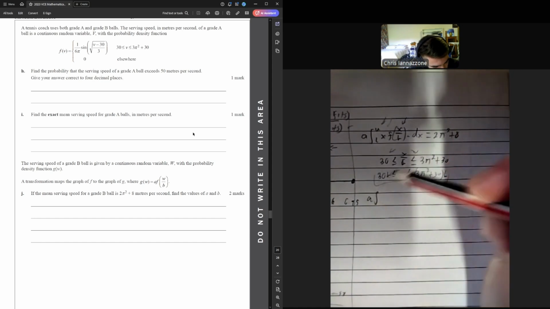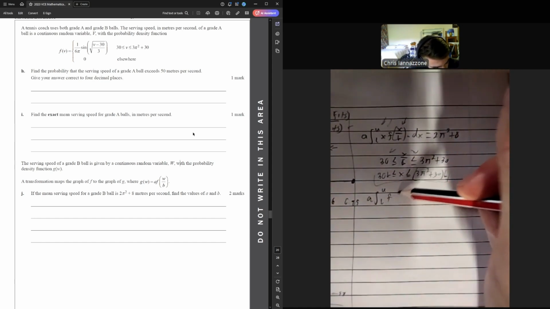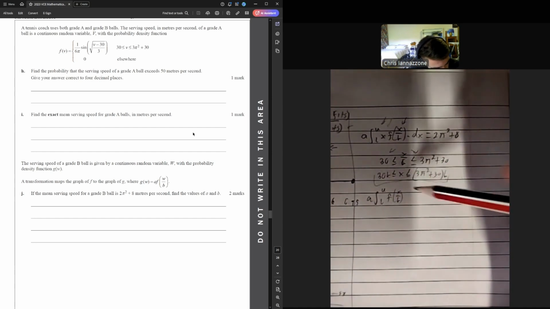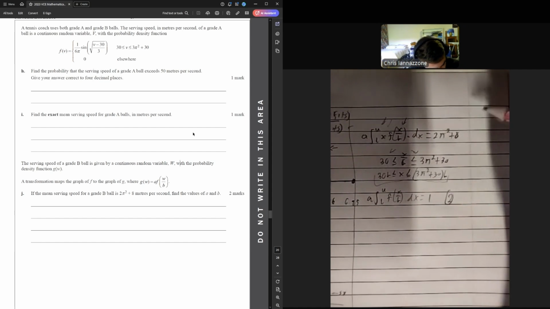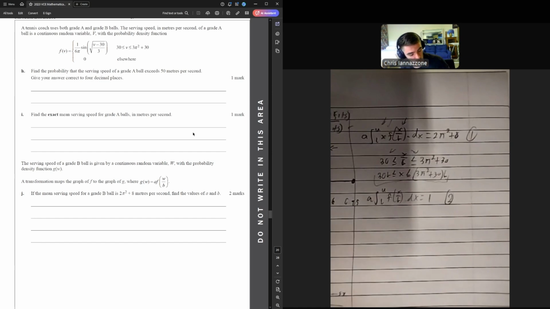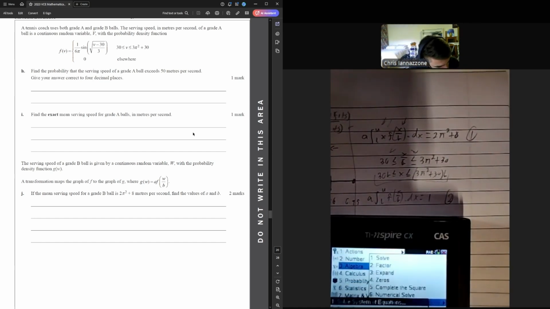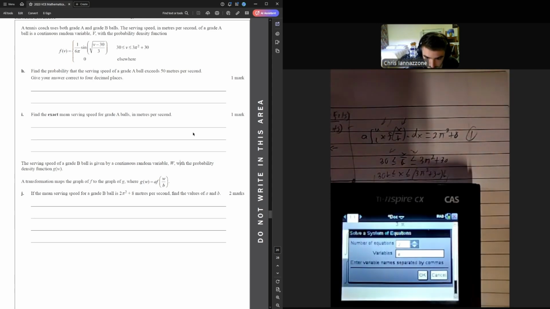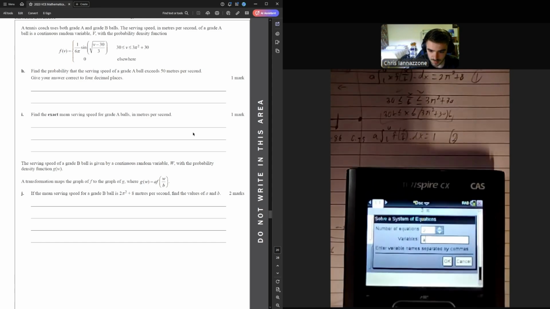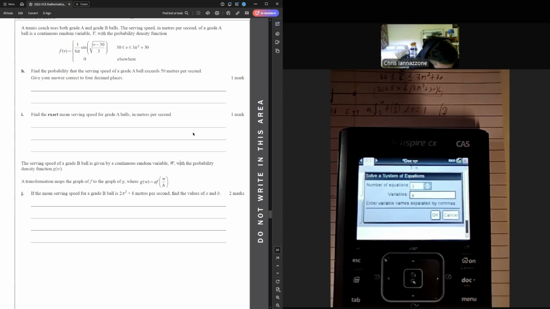So again, a times the integral from lower to upper of just f of x over b, no x times, has to equal 1. That's equation 2, and that's equation 1: 2 unknowns, 2 equations. From there we simultaneously solve. So menu 3, 7, 1, 2 equations. We want A and B.